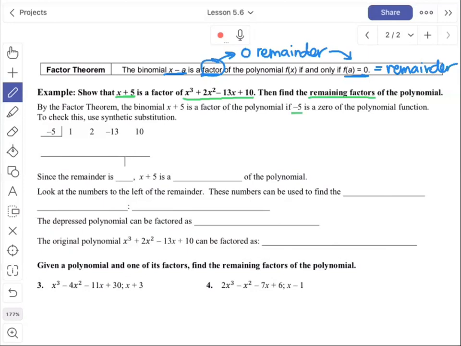By that I mean you get a remainder of 0. So let's use synthetic division with -5 on the outside. I'm going to drop the 1, multiply, add, and then multiply again. I get positive 15, and I get 2 when I add. Multiply again, and I get a remainder of 0.